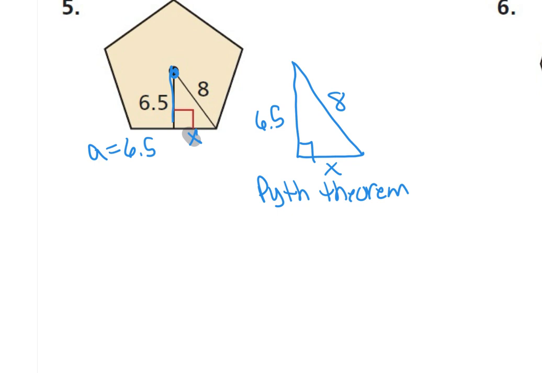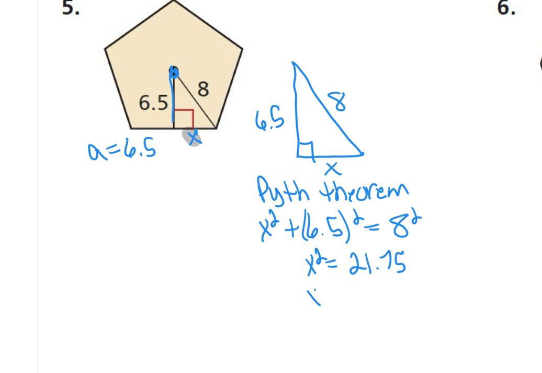So we would have a squared plus b squared equals c squared. And if we do 8 squared minus 6.5 squared, we get 21.75.